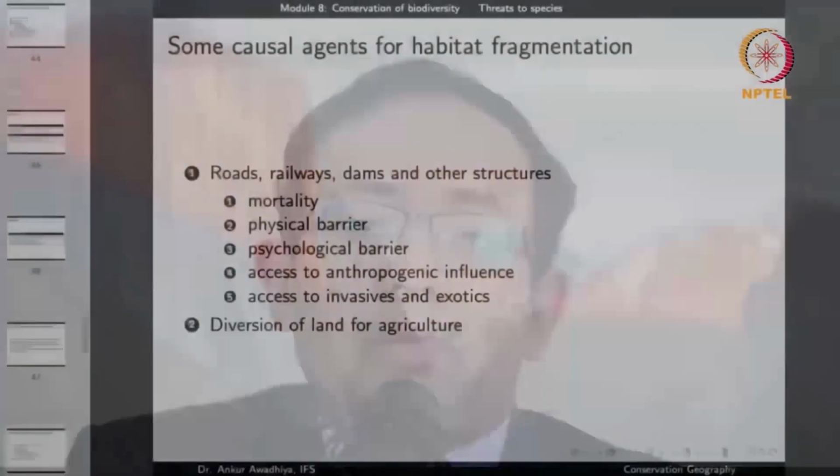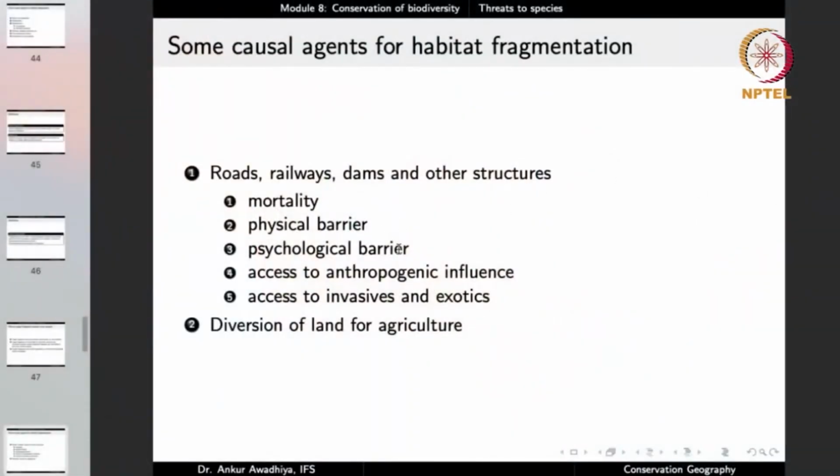Or in a large number of cases, the traffic density is so high, so many vehicles are moving, and there is so much sound that the animals find it difficult to move from one place to another. There is a physical as well as a psychological barrier. Plus it increases access to anthropogenic influences.